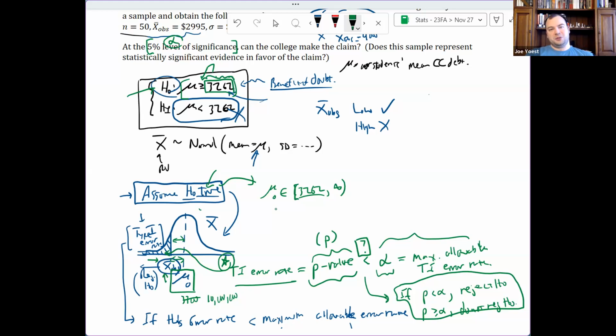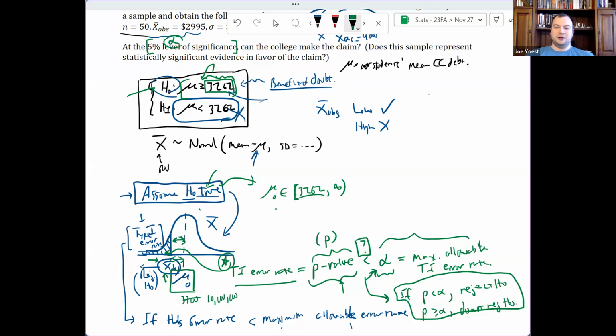That's going to make that tail smaller, the p-value smaller. It'll still be less than alpha. If I chose mu naught to be 3300, that's going to give even more separation. That's going to make that area much smaller. It's still going to be less than alpha.